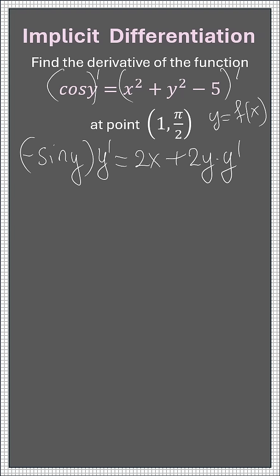Now we will use our given information. We have the point (1, pi over 2), so we can take x equals 1, y equals pi over 2 and plug them into our derivative. It would be negative sine pi over 2 times y prime equals 2 times 1 plus 2 times pi over 2 times y prime.